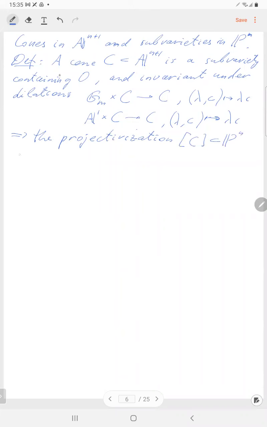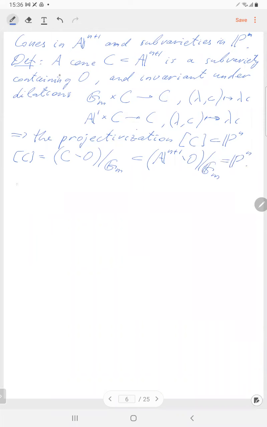So what is this? You take this cone, you remove the origin that it necessarily contains, and then you take the quotient with respect to the action of the multiplicative group. Okay, so it lies in A^(n+1) with the origin removed, quotient by the action of the multiplicative group, and this quotient is by definition Pn.